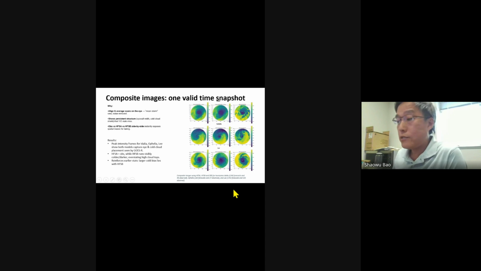So this is again consistent with the earlier conclusion about the models overestimating the cold cloud areas, and HAFS B is more so than HAFS A.